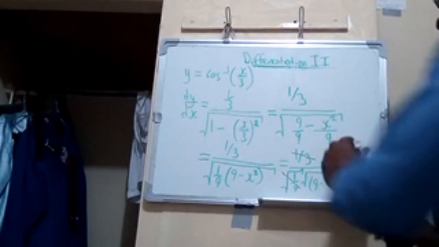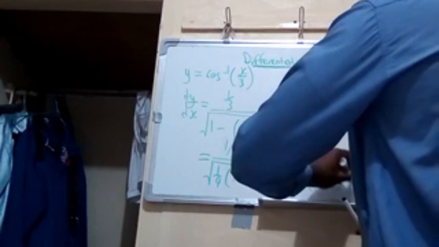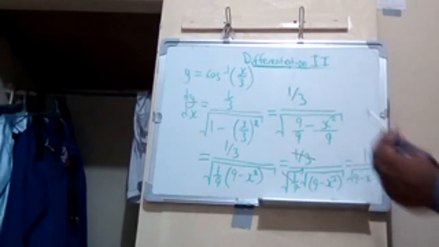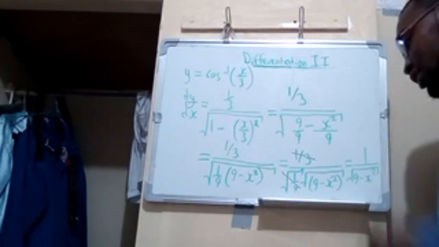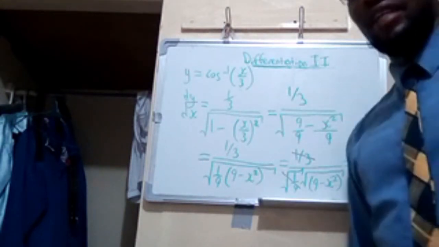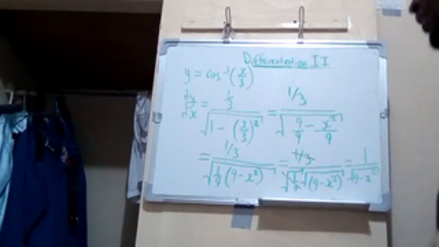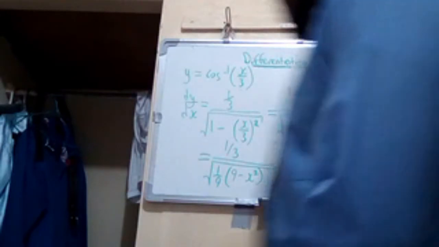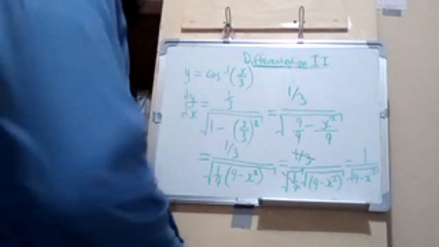And so what we end up with is 1 over the square root of 9 minus x squared. And so the derivative of cosine inverse of x over 3 works out to be minus 1 over the square root of 9 minus x squared. That's how we simplify it, and that's how we differentiate cosine inverse. Now finally, let's look at tan inverse.